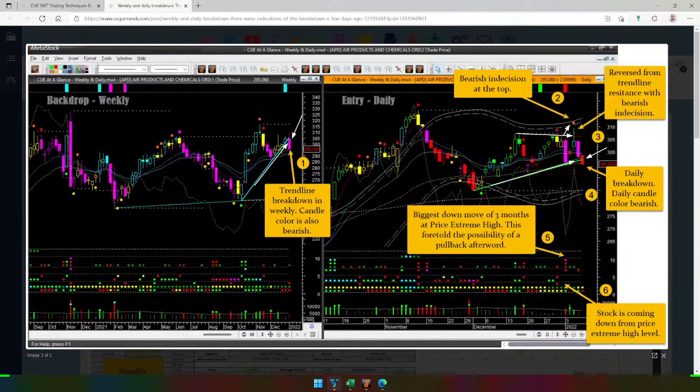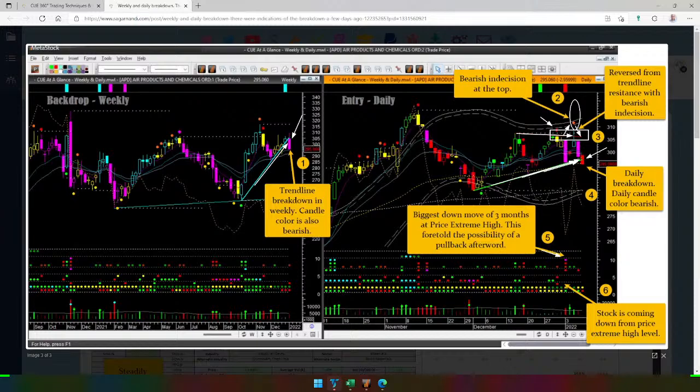It created a false upside breakout at the trendline resistance, then broke below trendline support. We also had one indecision at the top here, bear release signal here. So we could start to look for shorting opportunities from the top. But I did not share the idea, neither did I take the short at that time. But it broke down below the trendline support. That was the time I shared the idea.